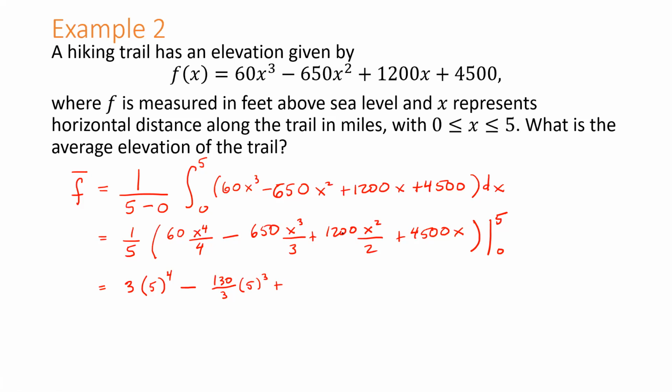This will be 120 x squared, or 5 squared. 900 times 5. Okay, and then evaluating them all at 0 will just be 0 for all of them.